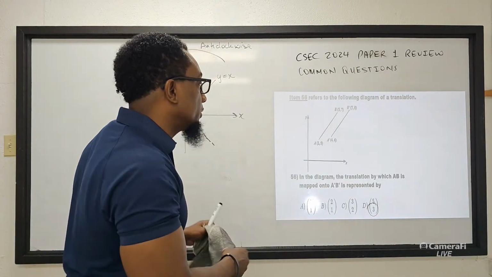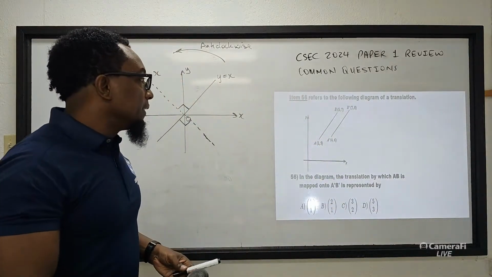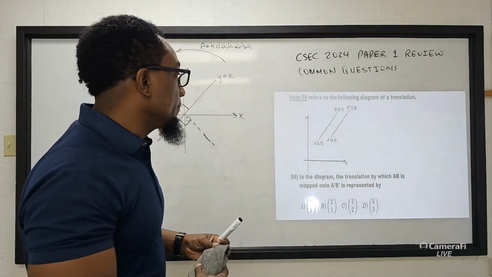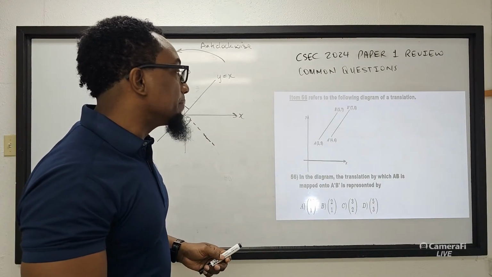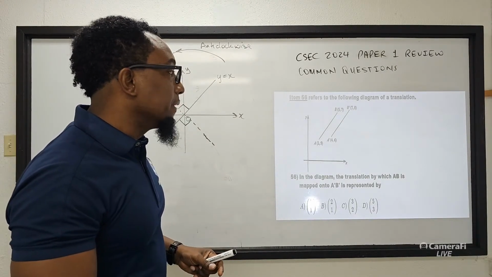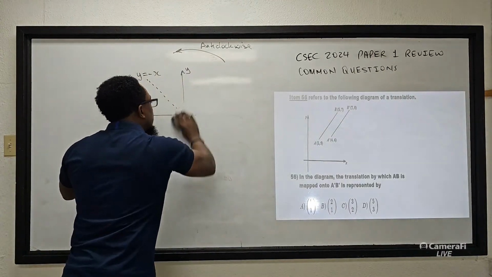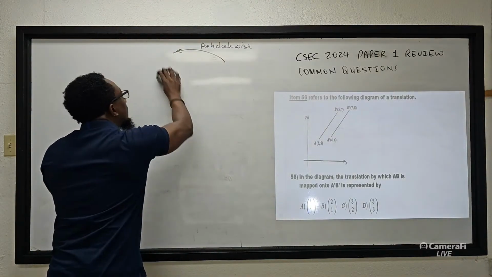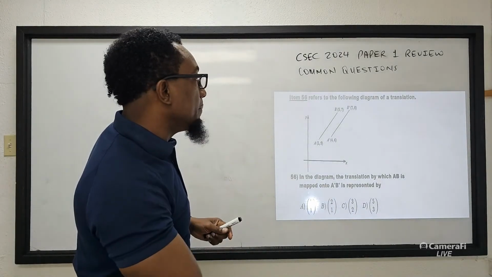Another very common question you see in the exam, dealing with again translation. In the diagram, the translation by which AB is mapped onto A prime, B prime is represented by. So we have AB mapped onto A prime, B prime.